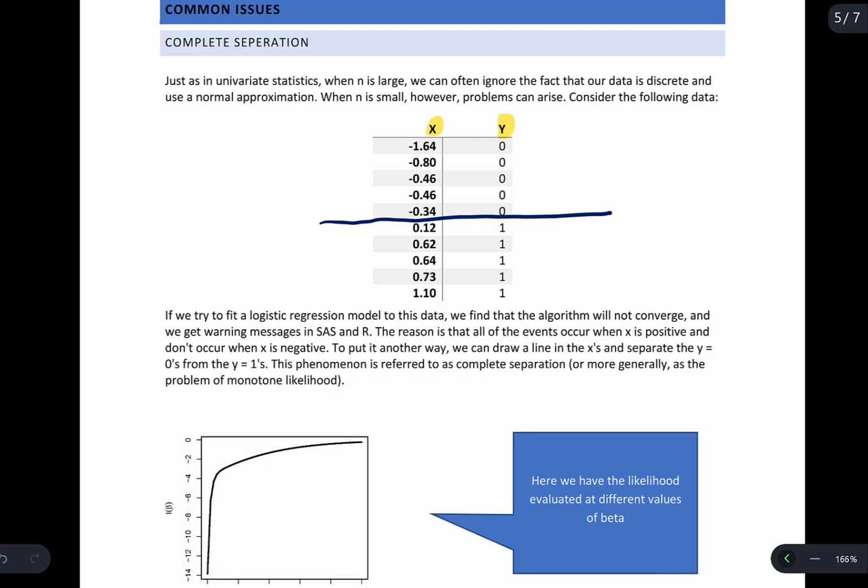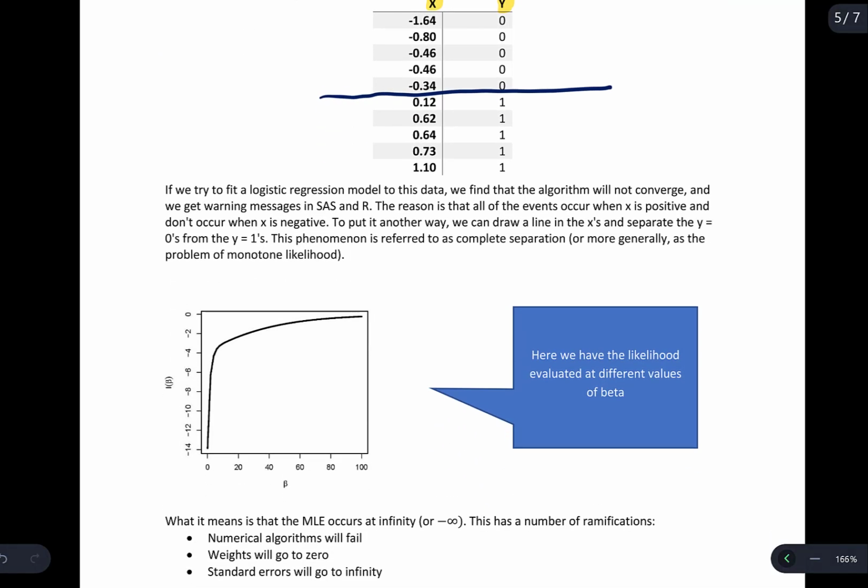Notice everything above the line has y equal to 0 and x negative, and everything below has y equal to 1 and x positive. So to put it another way, we can draw this line. This is what's referred to as complete separation, or more generally, you'll hear this referred to as monotone likelihood. Here we have the likelihood evaluated at different values of beta.